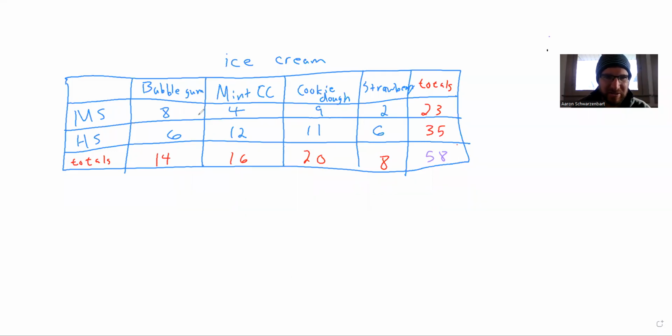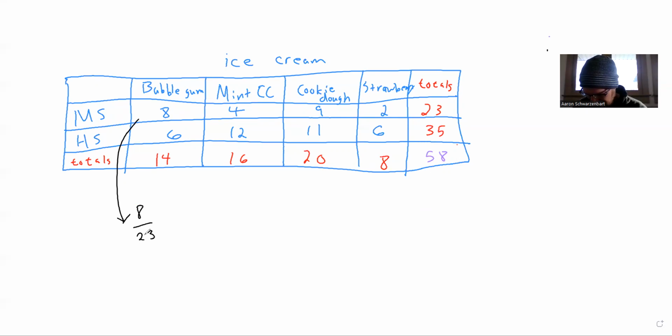Okay, in the particular example we're using, or that they're doing on 504, they're doing 8 out of this total here. You could have done 8 out of 14, but they're choosing to do 8 out of the total middle schoolers. So to get the percentage here, I just do 8 divided by 23.